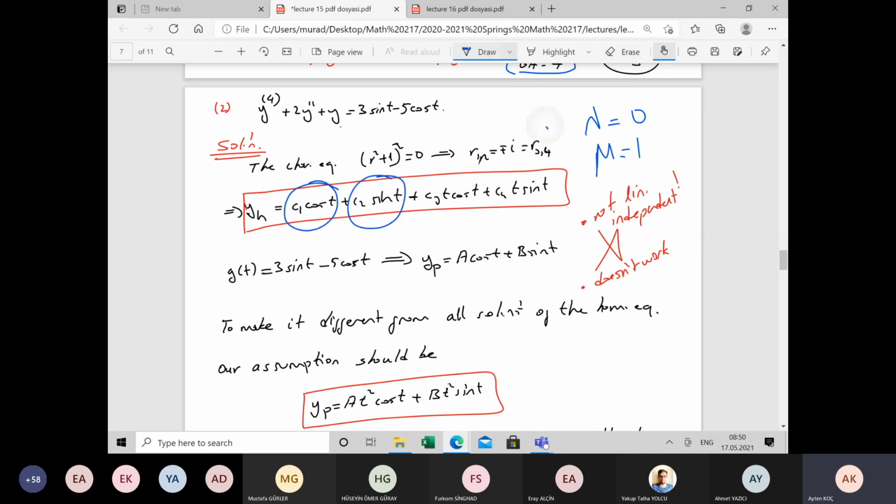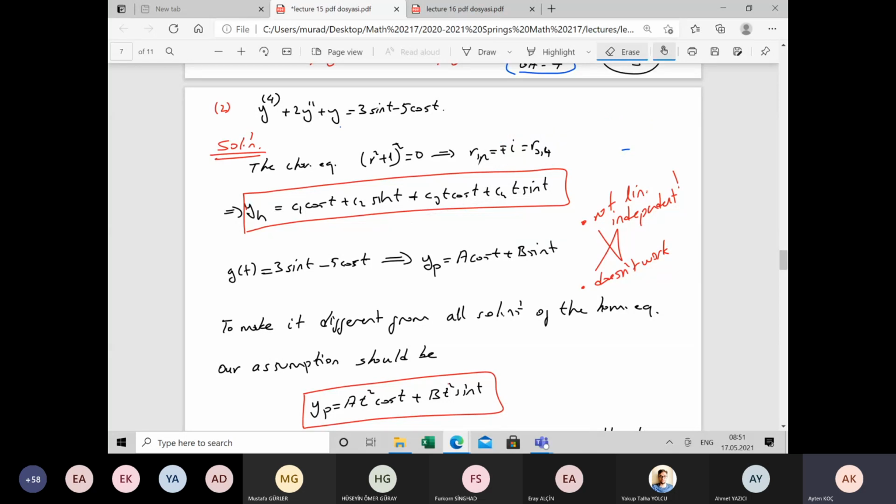Also, this is a repeated root, which means there should be other fundamental solutions. So take cosine t and multiply by t, and we obtain the others. This is the general solution of the corresponding homogeneous differential equation.